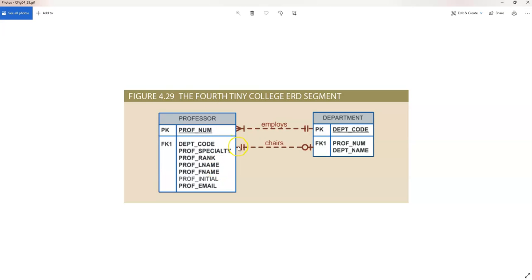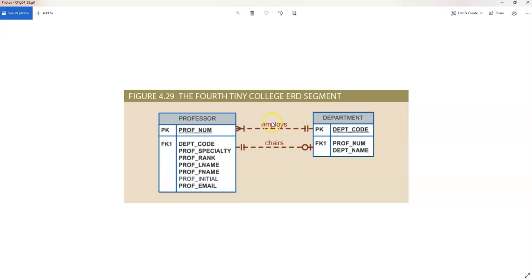One of those professors will possibly chair the department, but only one. So a professor can chair 0 or 1 departments, and any department will always have a chair. There will always be one. That's the mandatory, and it will only be one.